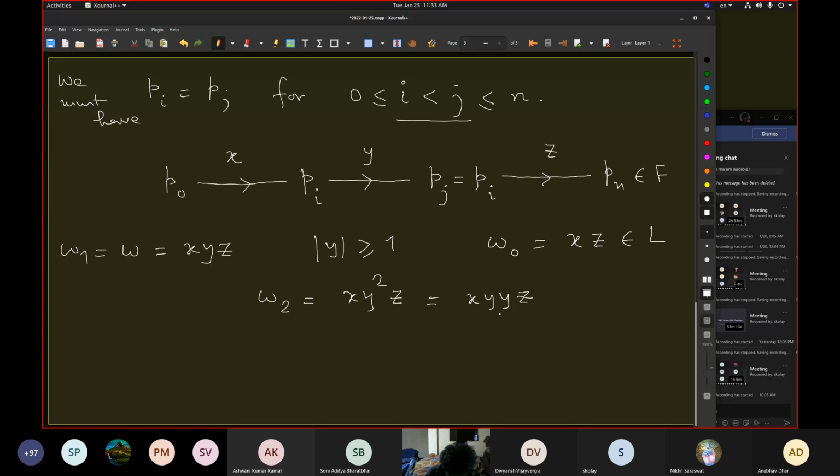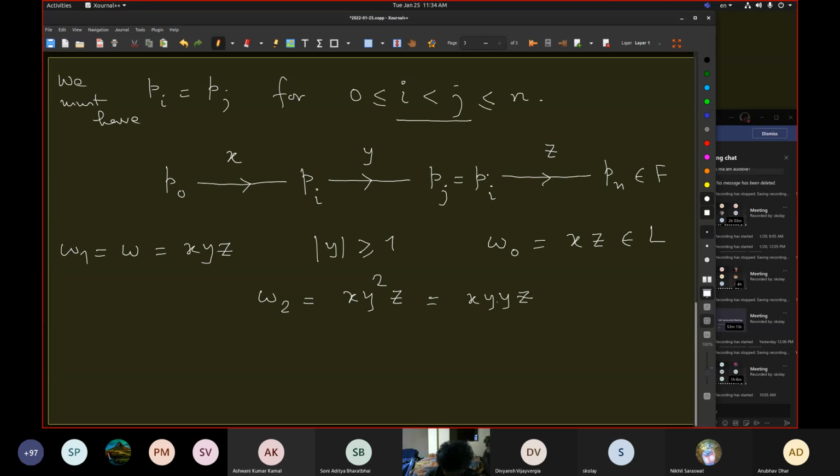Now it encounters an extra y, but this state and this state are the same. Therefore, after reading the second y, it is just completing a cycle, starting from Pi, ending at Pi.